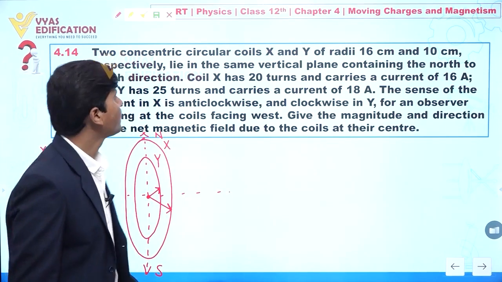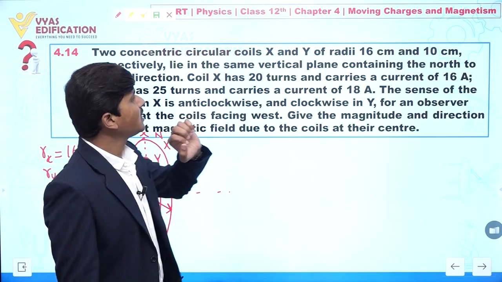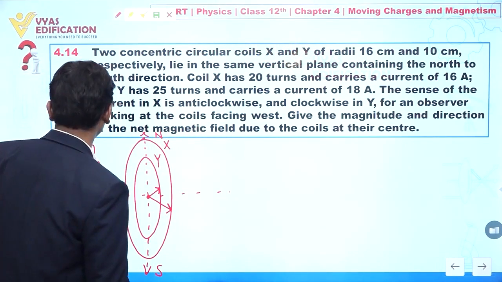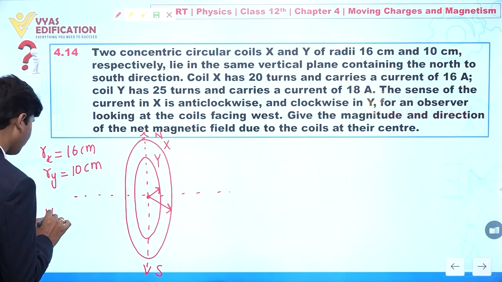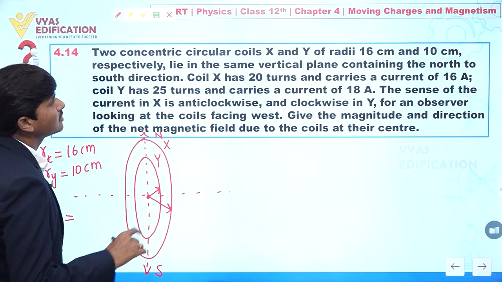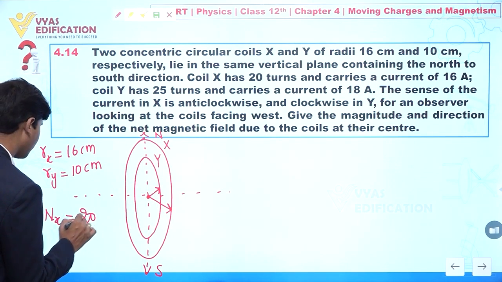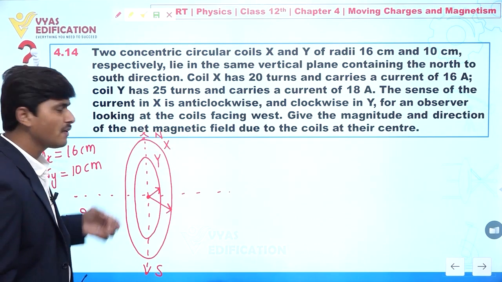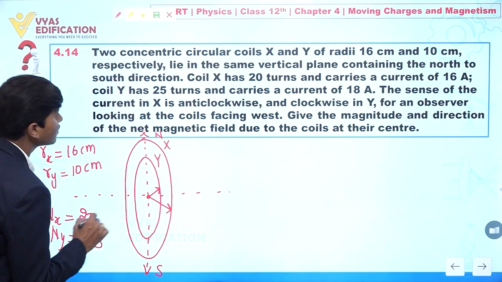Now listen carefully. It is given in this question that coil X has number of turns 20. Clear? So I can say number of turns of coil X, this is 20, and number of turns in coil Y, this one is given to you 25 turns. Clear everyone?